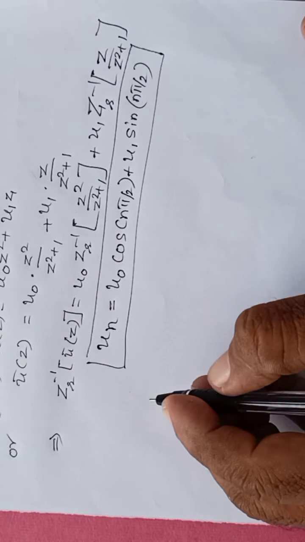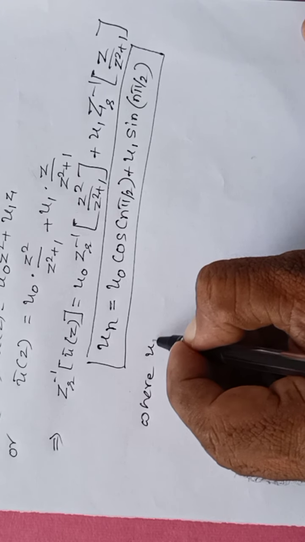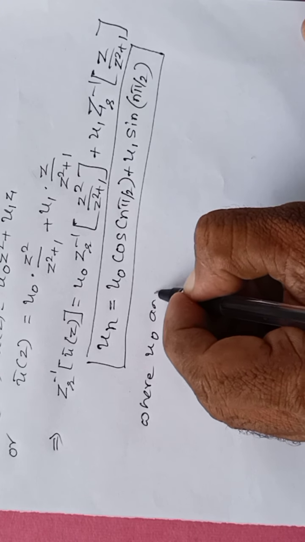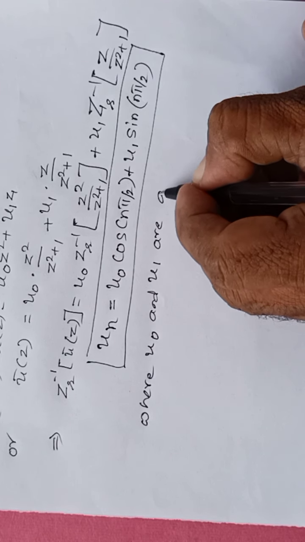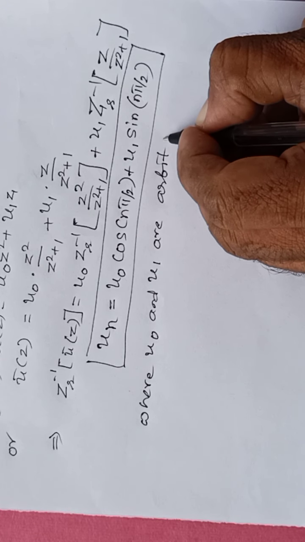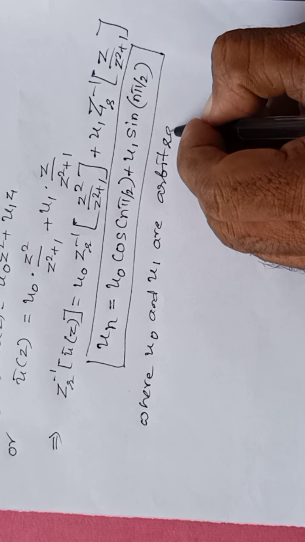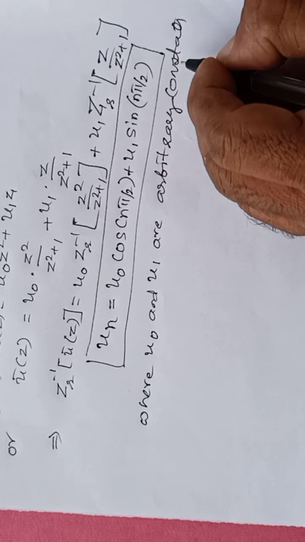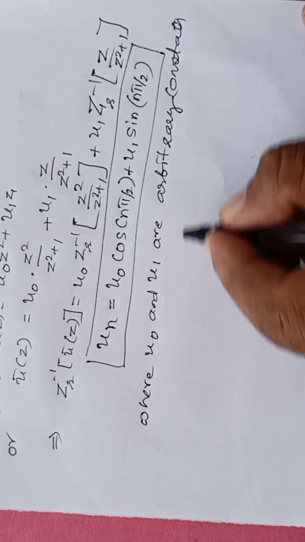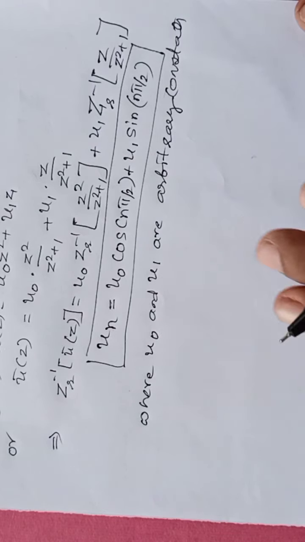Or we can add one more sentence here, where u naught and u1 are arbitrary constants, and this is the required general solution for this problem.